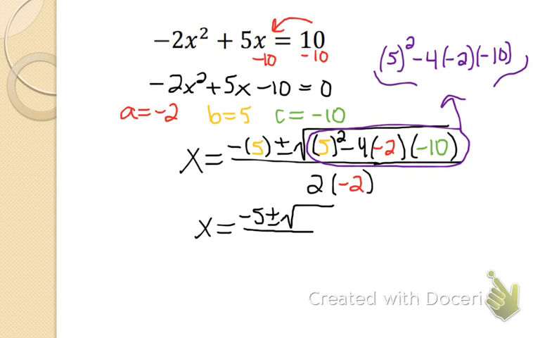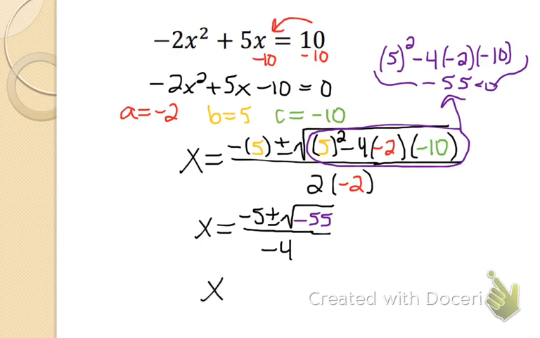And this will result in a negative 55. So our discriminant is less than 0. And when it's less than 0, then we have no real solution, divided by negative 4. Why? Because we cannot have a negative inside the radical.